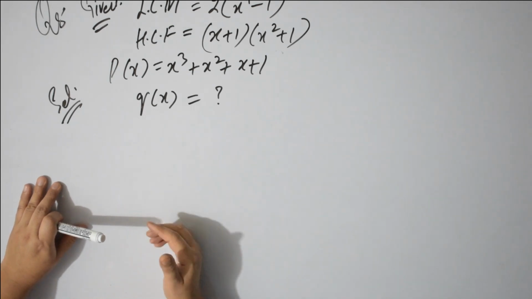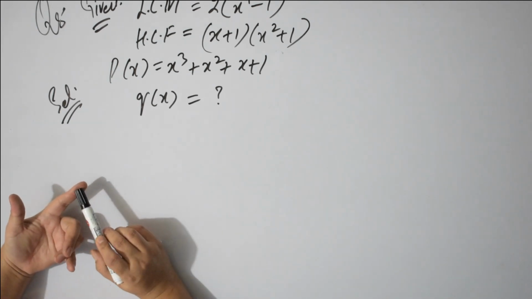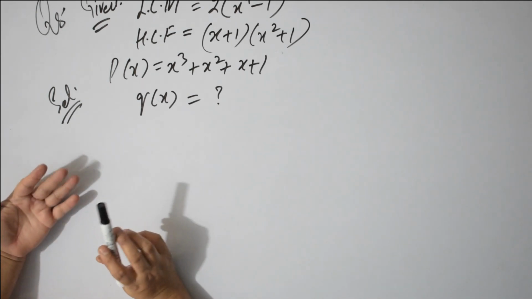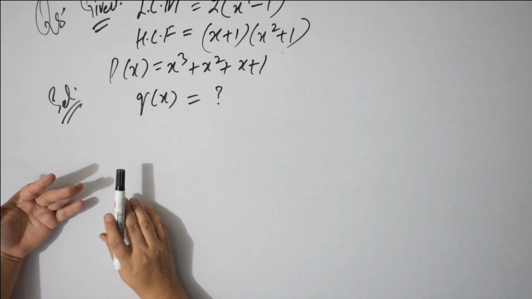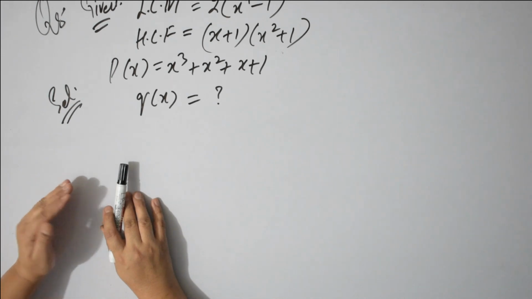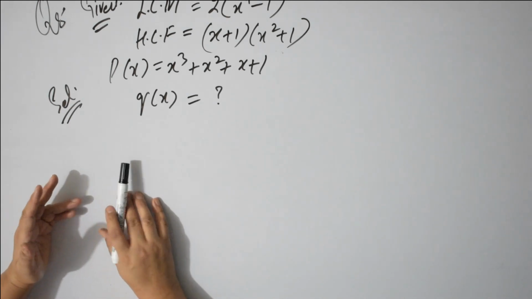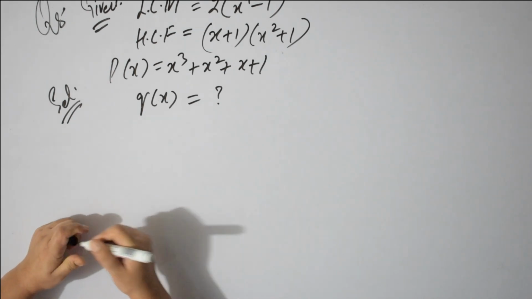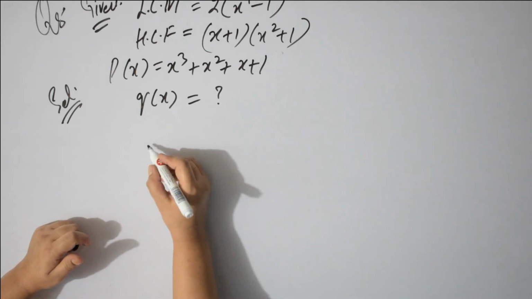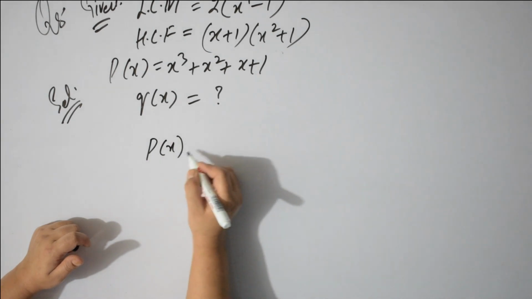Now in such a situation, when you have a polynomial, when you have LCM and when you have HCF, you will use a relation. Now here onward, 8th, 9th, 10th, you will use this relation. And what is that relation? It's a product of two polynomials.